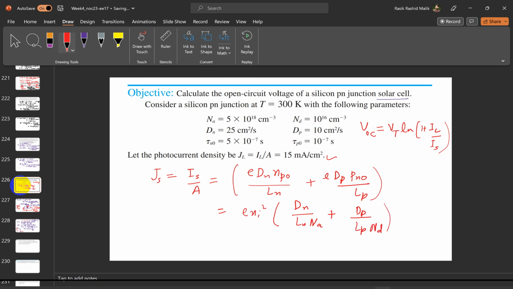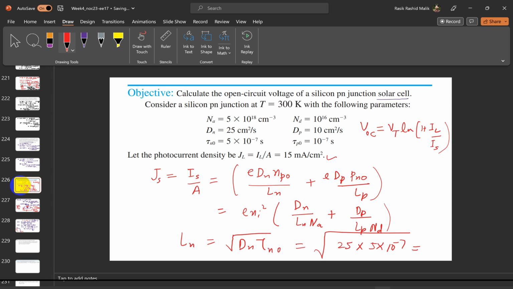And Ln and Lp we can easily calculate. Ln is the square root of the diffusion coefficient into the recombination time. So for case 1, Dn is 25 and tau is 5 into 10 power minus 7.